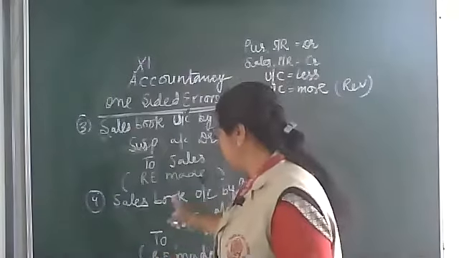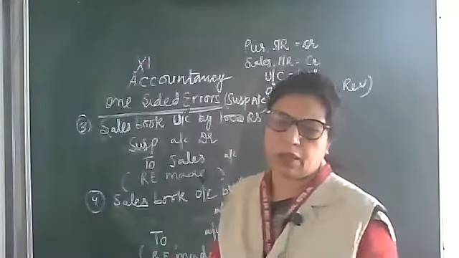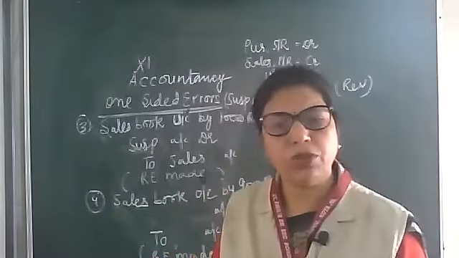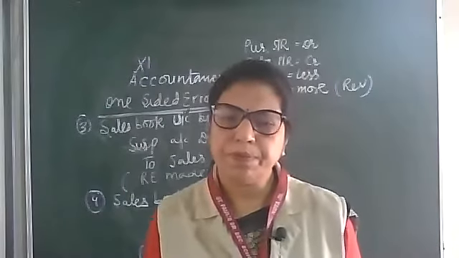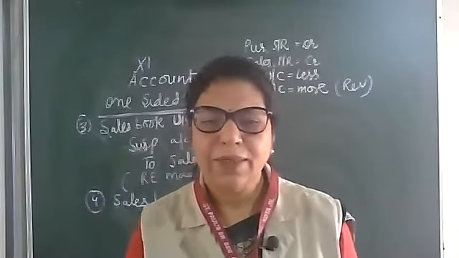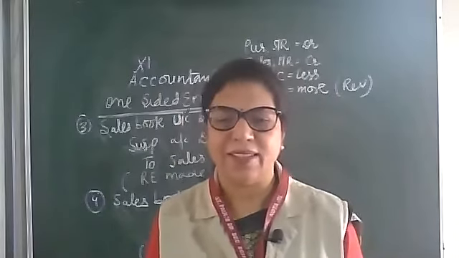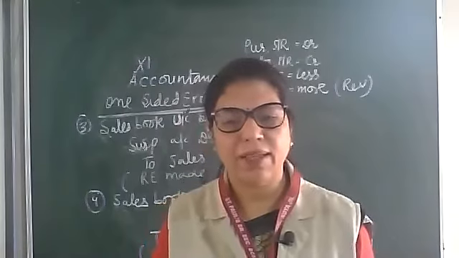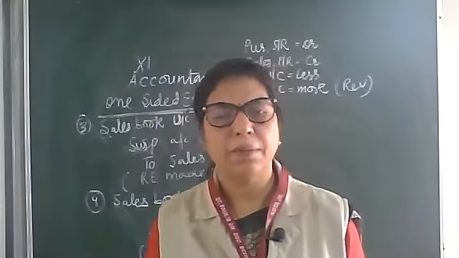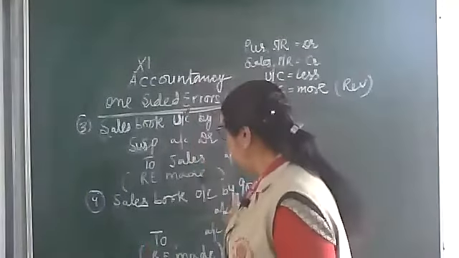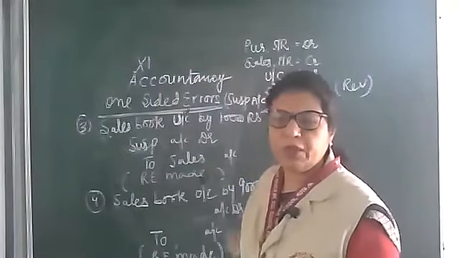Then next is sales book overcast. See, the actual total of sales is 1000, but the accountant wrongly entered it as 10,000. What to do now? That is 9,000 rupees more.